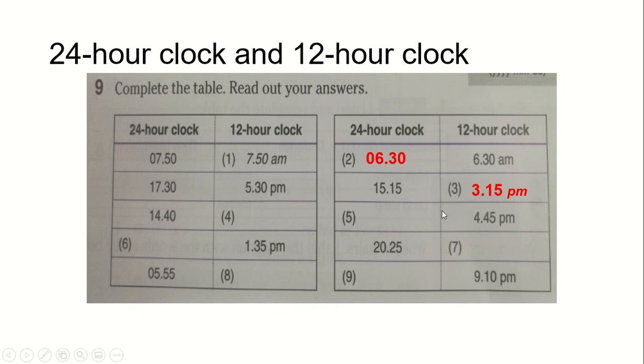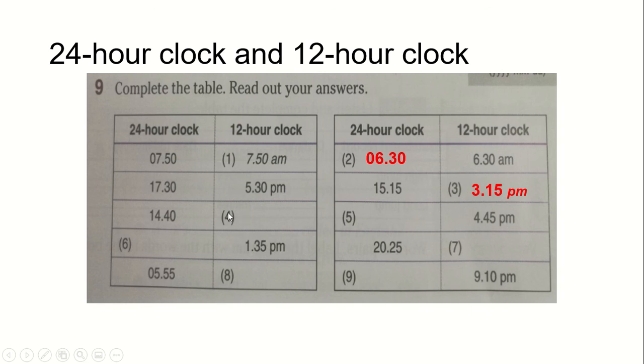Very good. Now, what about this? Should we add or take out? Very good, we add. And what else should we do? We delete the PM. We add 12, so it should become 16, and so on.